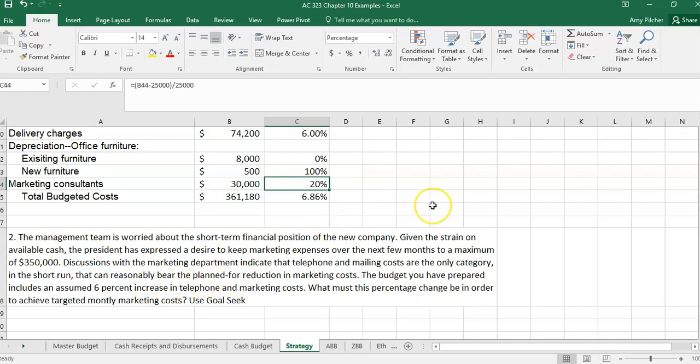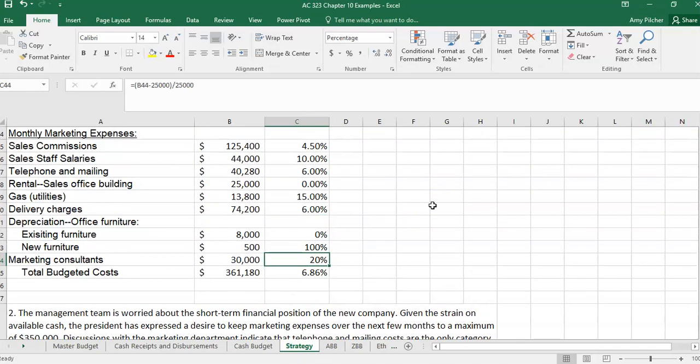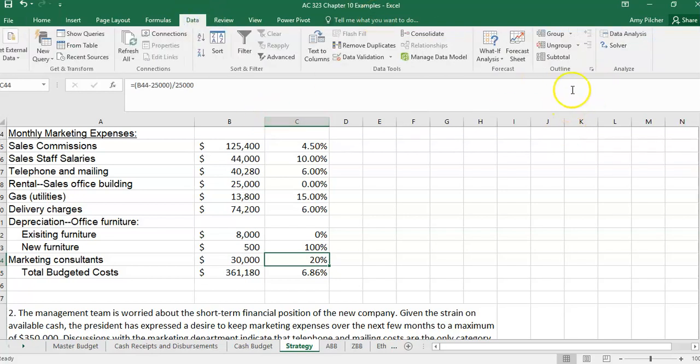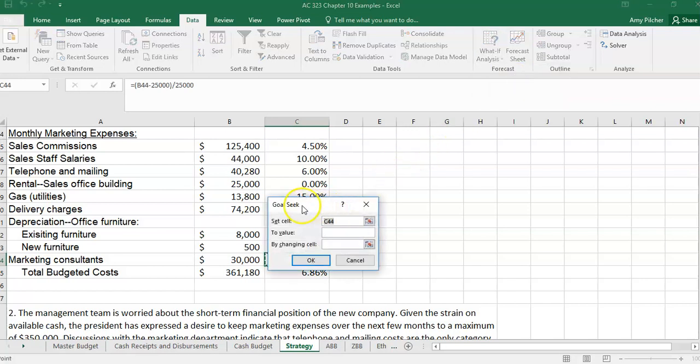So we want to look at a change in our telephone and mailing costs. So what do we need to change that cost to in order to keep our total budgeted cost to $350,000 or below? So we're going to use the goal seek function under what if to calculate that.